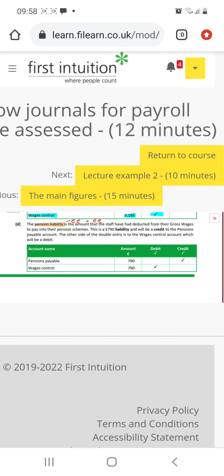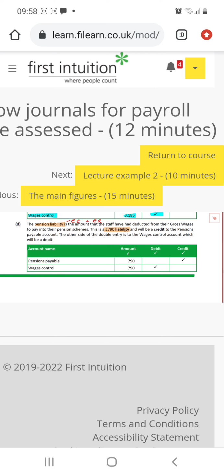From the data we were given here, there was the employee pension of 790 quid. There was no employer pension part. Obviously, in a different question, depending on the assessment, you could have an employer part as well. It really depends on the question. So in this case, it's only that 790 we've deducted from the employees.